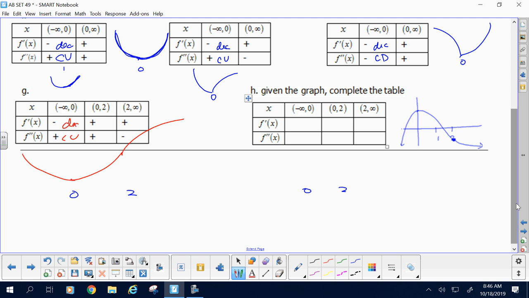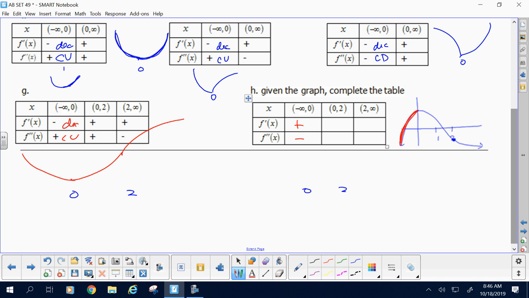Okay, and so last but not least, going backwards, I give you the graph. So up to 0, give me the sign of the first derivative and second derivative, Taya. Plus and then minus. Positive first derivative, negative second derivative because it's increasing concave down, I agree. From 0 to 2, I'm running out of people.